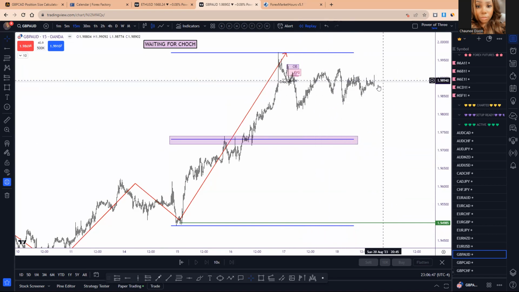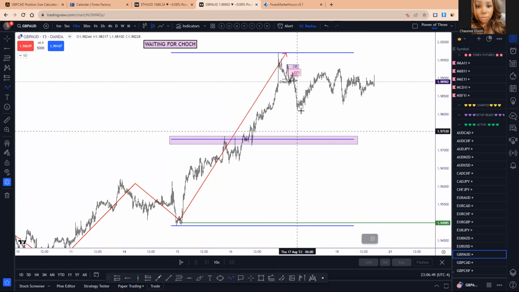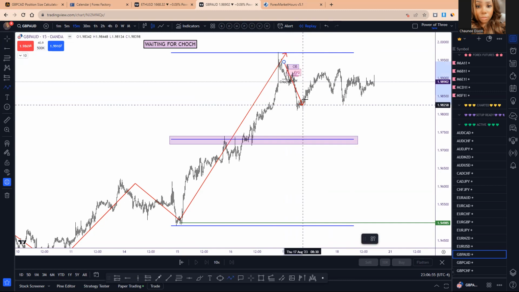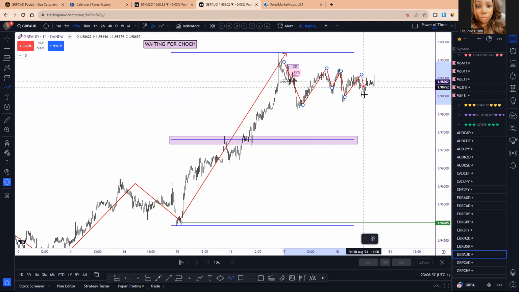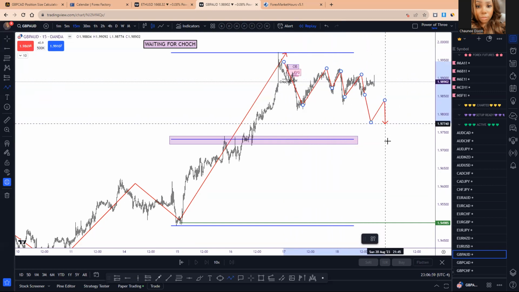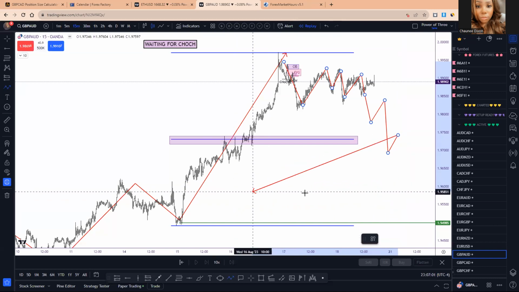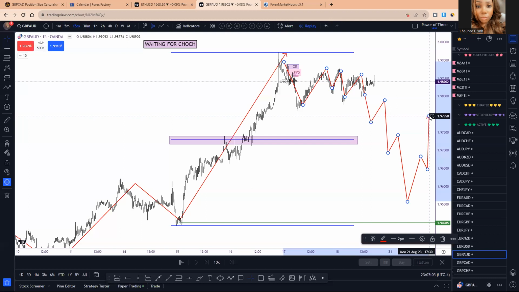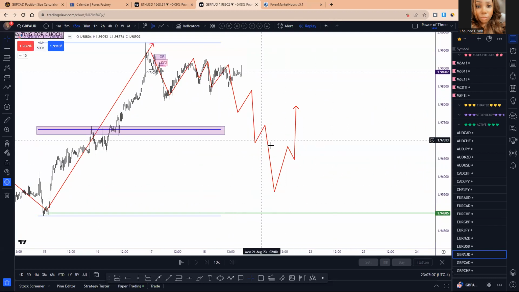It is ranging right now, but hopefully it does something like this and comes down here. Now we're in the discount zone and we should be looking to take buys. So we look for a change of character somewhere in this area.